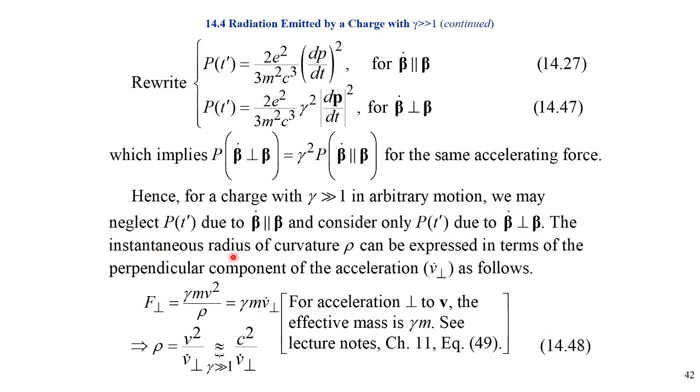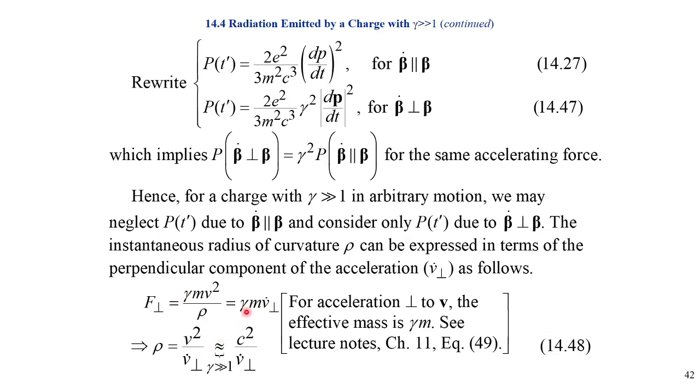The instantaneous radius of curvature rho can be expressed in terms of the perpendicular component of the acceleration, v perpendicular dot, as follows. The force is gamma m v squared divided by rho. Gamma m is the effective mass, or the relativistic mass. m v squared over rho is non-relativistic, but we have gamma, so it's relativistic. So gamma m v perpendicular dot.